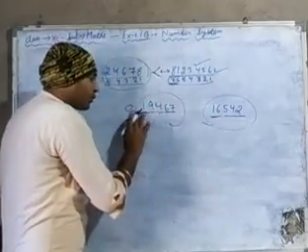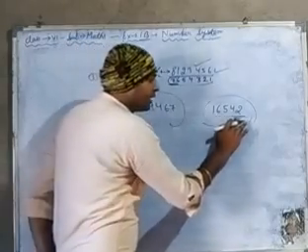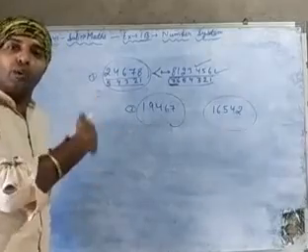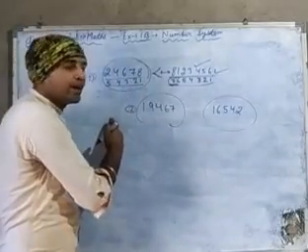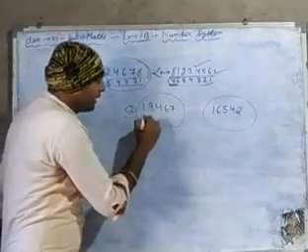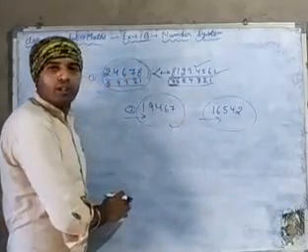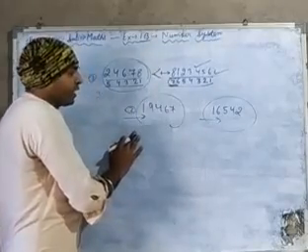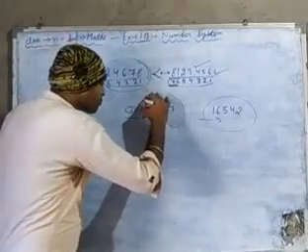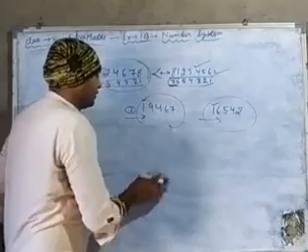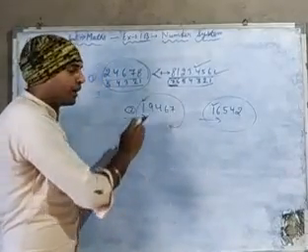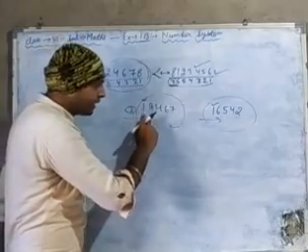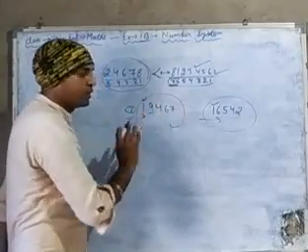Now we have to compare the digits one by one from the left side of the number, from this side. So let's start comparing. 1 and 1, both are the same. If the first digits are the same, we compare the next digit.